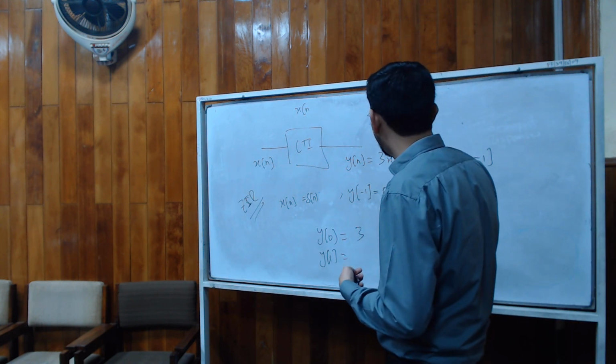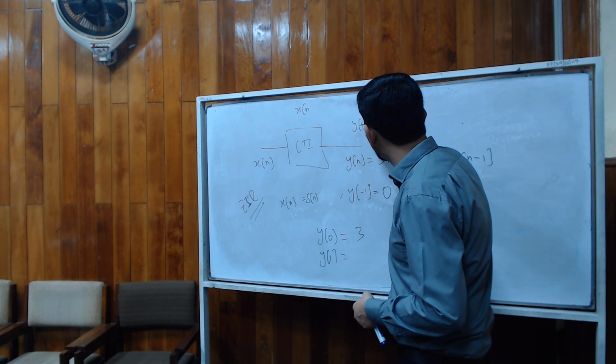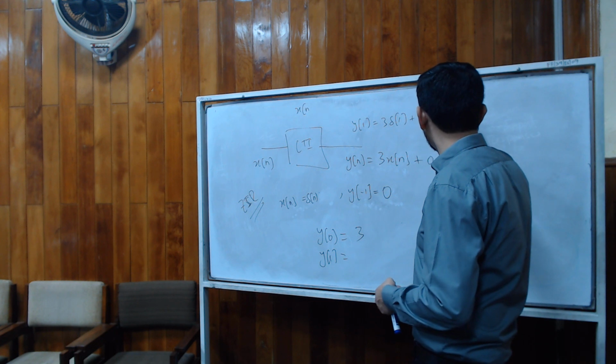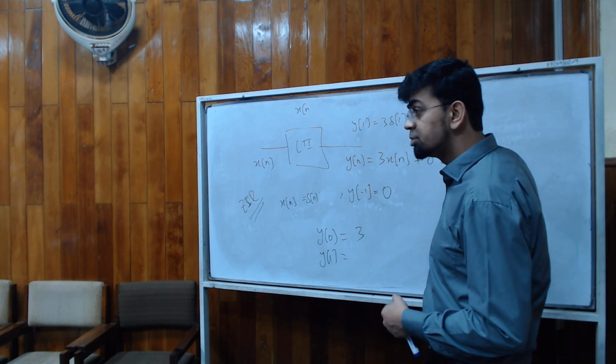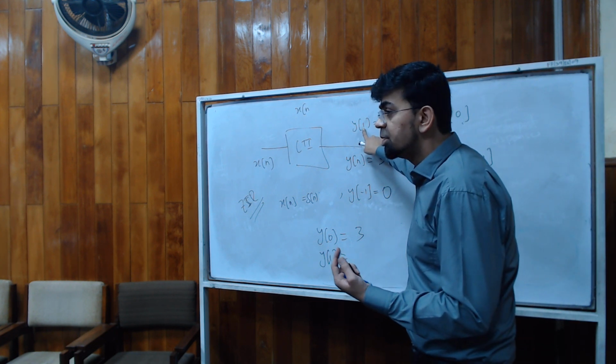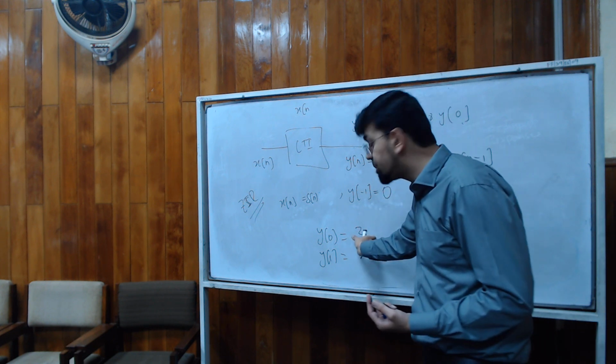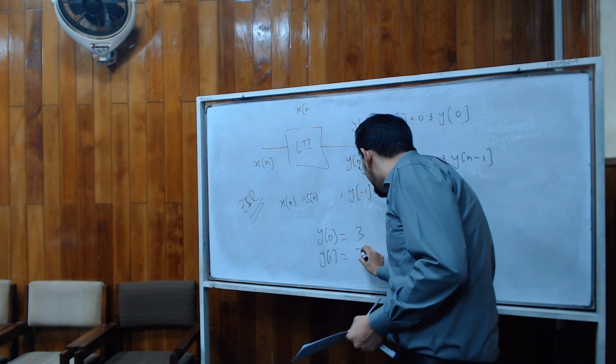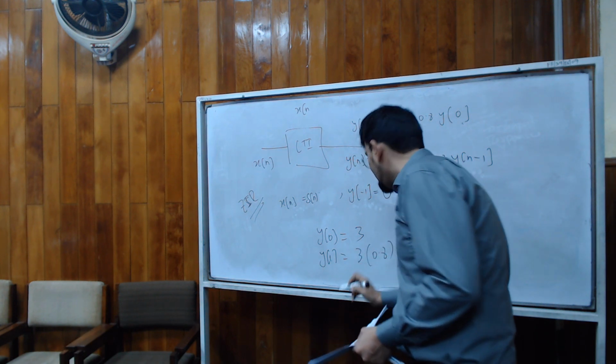So let me write it. y1 is 3 delta 1 plus 0.8 y0. Here n is 1, so the answer will be 3 times 0.8, which is 3 into 0.8.